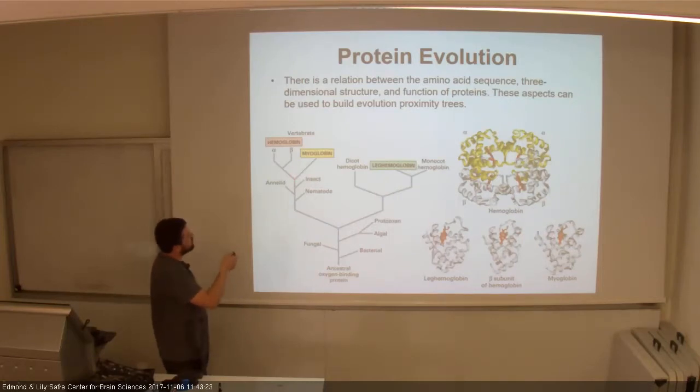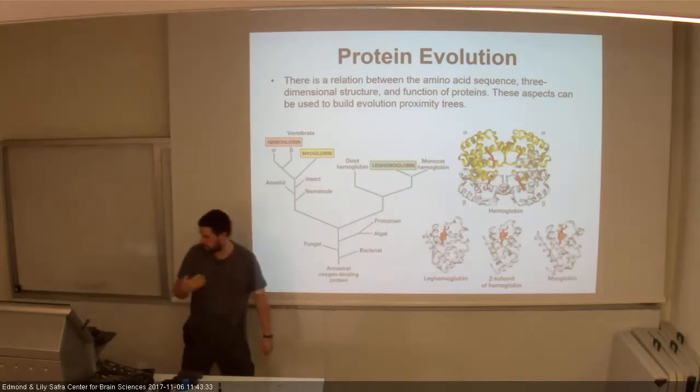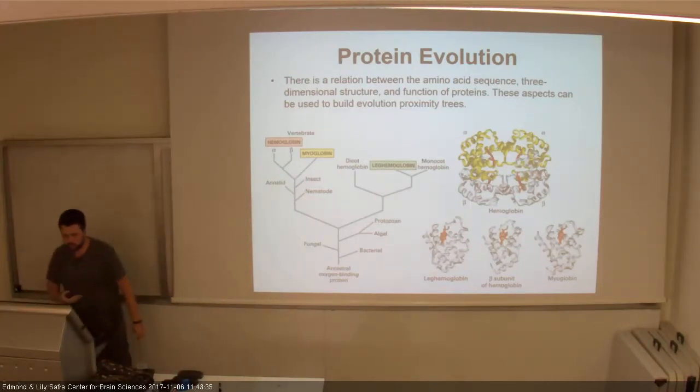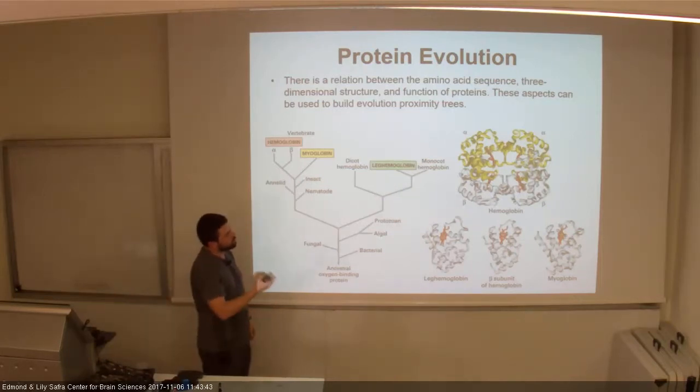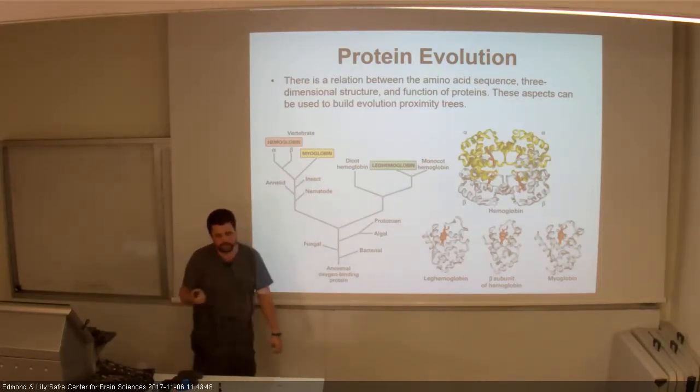And for example, only in the vertebrates we had this split in the evolutionary tree, which gave us the beta and the alpha, and during the course of evolution they formed what we call hemoglobin, the hemoglobin protein that has two beta subunits and two alpha subunits.